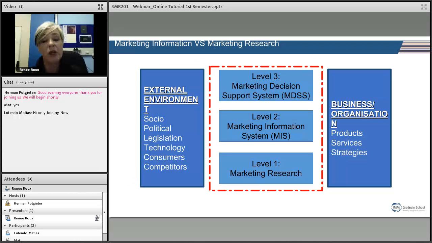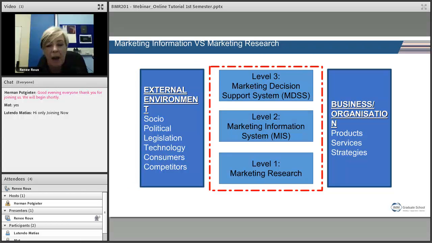Then there's a level 3, which is the Rolls Royce, which is your marketing decision support system, MDSS. And what that means is, again, you have your marketing information, your data, your statistics, your findings from market research, but the marketing decision support system is a lot more sophisticated in the sense that you can now apply statistical modeling on that data.